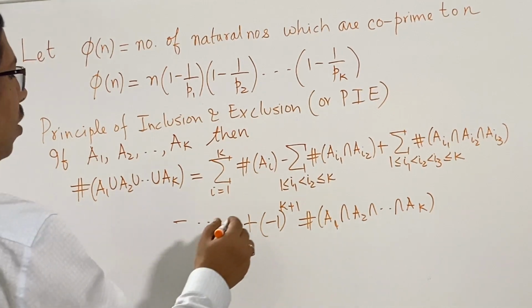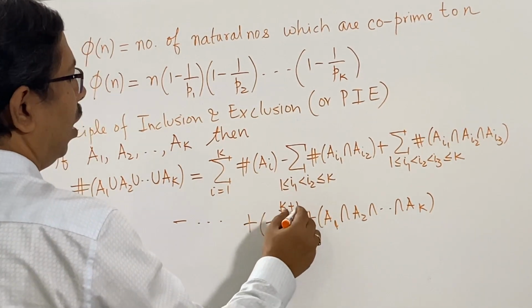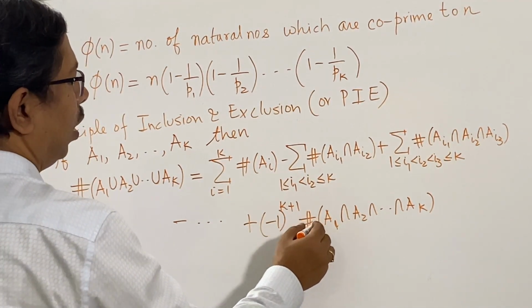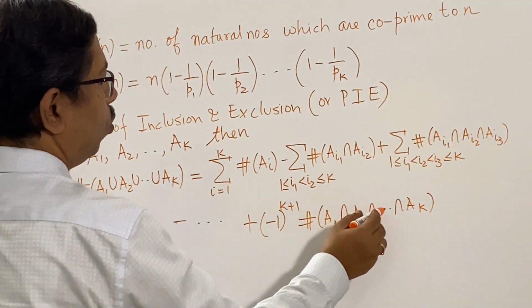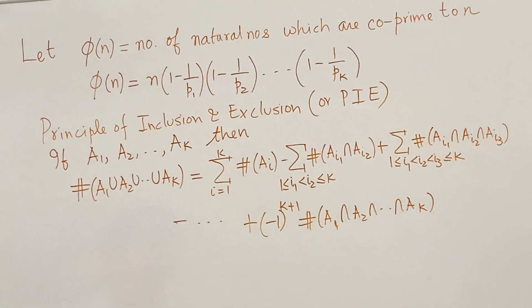The last term is minus 1 to the power k plus 1 into the number of elements in A1 intersection A2 intersection up to Ak. This is a very useful principle known as the principle of inclusion and exclusion.